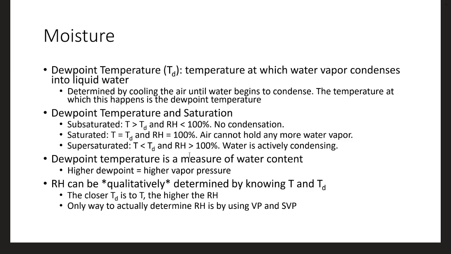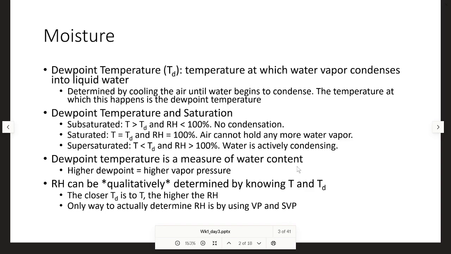If it's subsaturated, more molecules are evaporating than condensing. If it's saturated, the same number are evaporating and condensing. And if it's supersaturated, more are condensing than evaporating. That's the basic understanding of it on the molecular level.